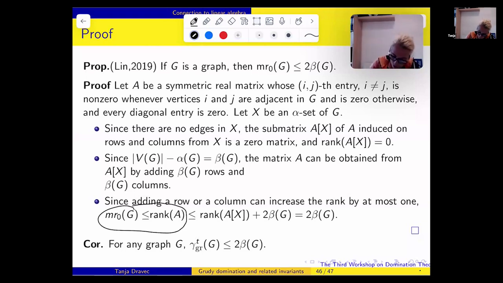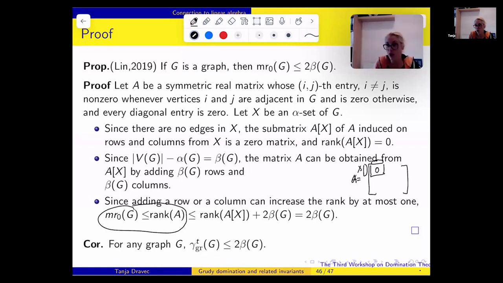And now we have such a matrix A, this is my A, and say that X is an independent set. This is X. What does this mean? This means that if I check the submatrix of A induced by this X, it is a zero matrix, and the rank of this submatrix is zero, of course, because I have just zeros in it.